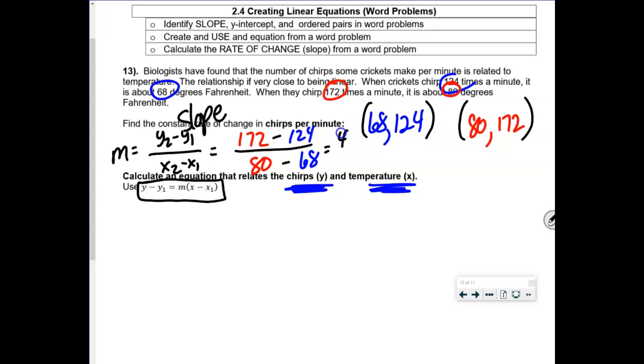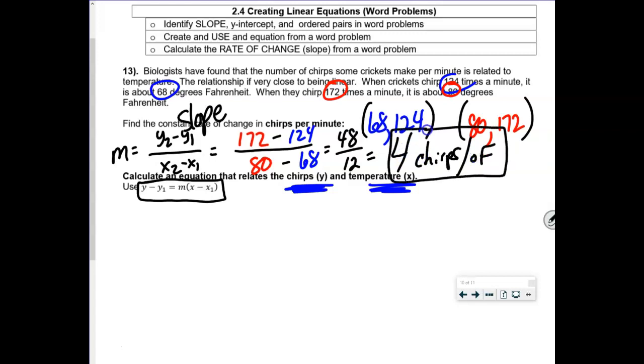I think that'd be brilliant here. So 48 over 12, which reduces to 4. And I would love it if you would actually label what you just found. Remember, it was number of chirps divided by degrees Fahrenheit. So it's 4 chirps per degree Fahrenheit. So every degree the temperature goes up, you're going to hear 4 more chirps every minute from crickets.